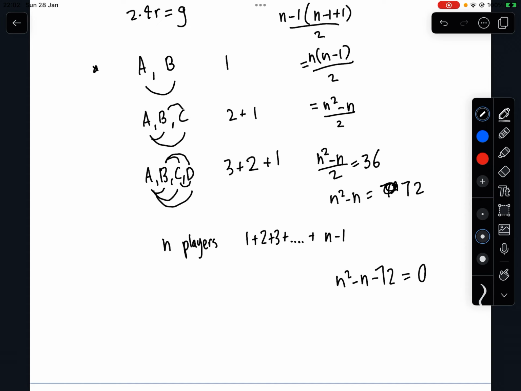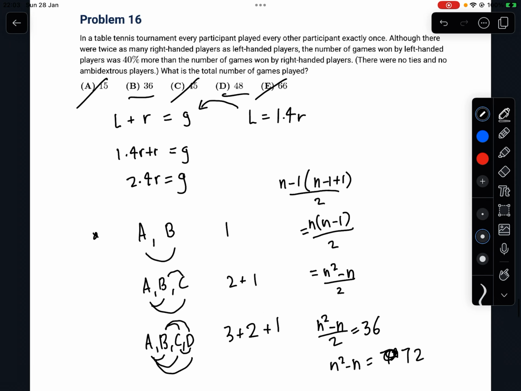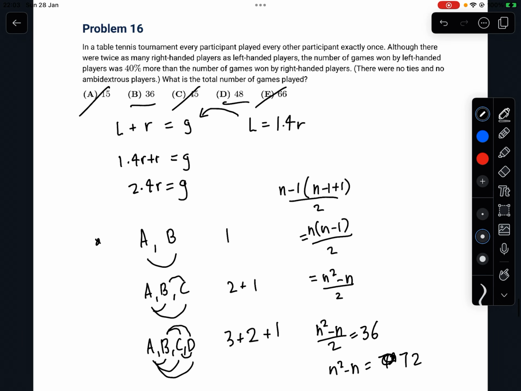So n squared minus n minus 72 equals 0. When we factorize that, we get (n plus 8) times (n minus 9) equals 0. So that works, right? So then we know 36 is going to be the answer.